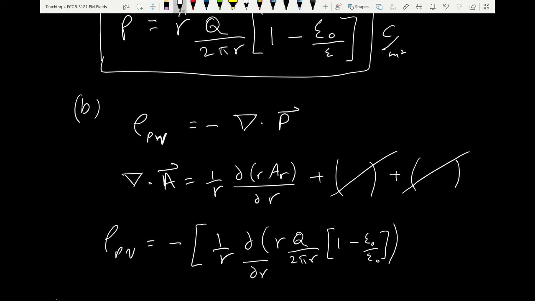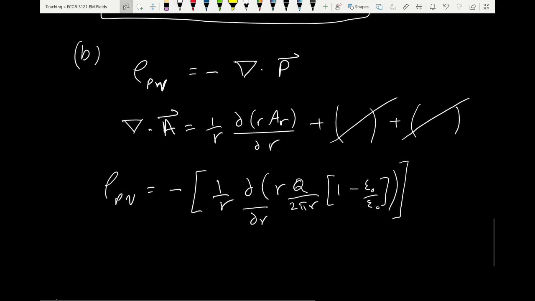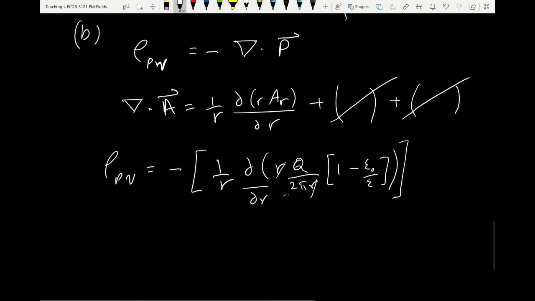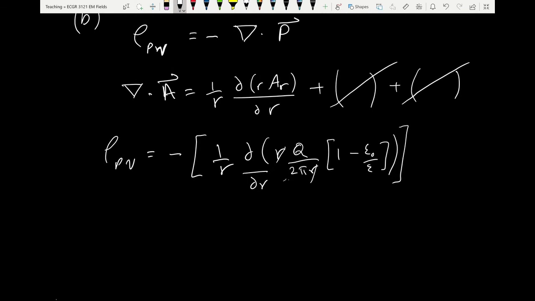Notice r cancels with r here, and we end up with an expression inside the differentiation that is not a function of r anymore, so this whole thing becomes zero. So rho PV is zero, right? So there is no volume charge density that appears due to the polarization, right?